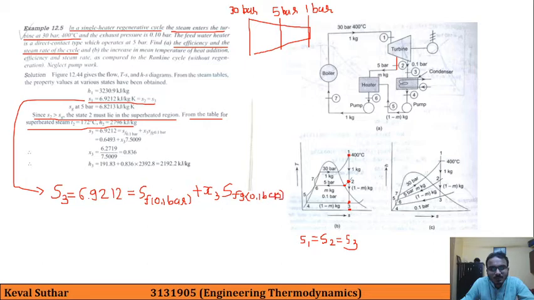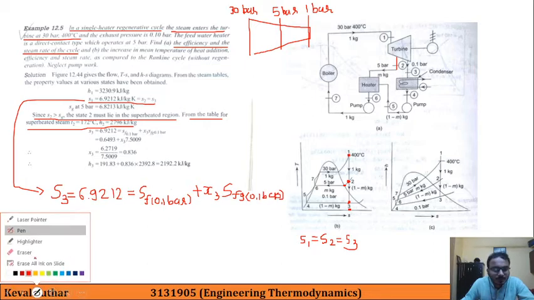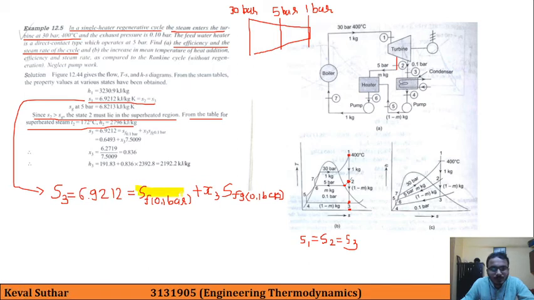So see, these two values can be obtained from the steam tables, and this value is available, so we can obtain the value of X3, and H3 can also be obtained. H3 is equal to HF plus X3 HFG. So we have obtained the value of X3 and H3.